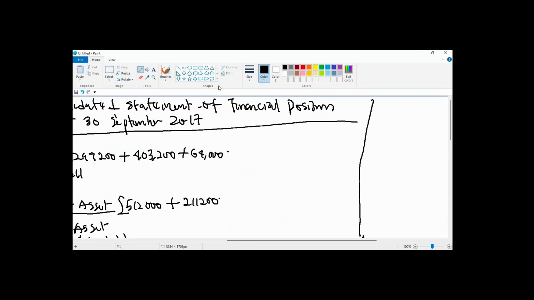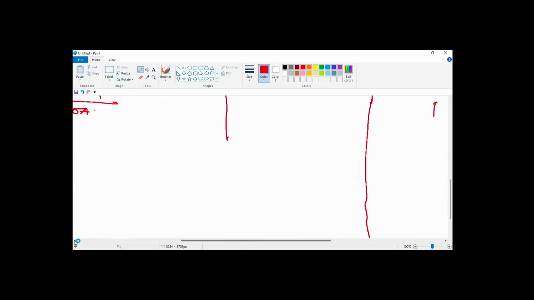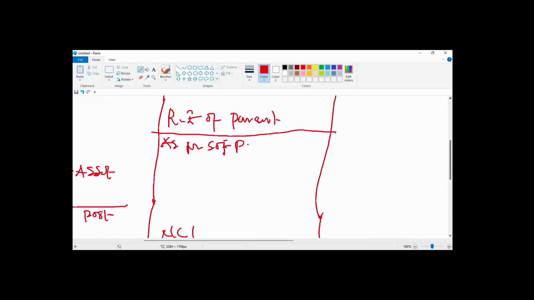And the net assets, don't forget, between the acquisition, no retained earnings for the net assets. We'll go to the subsidiary accounts.